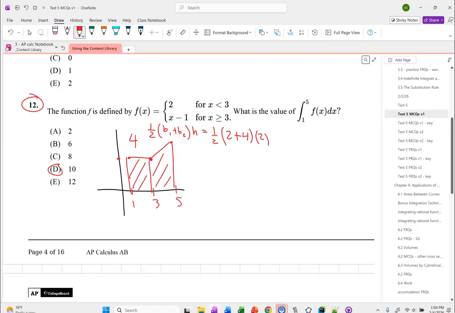Does that feel okay? Alternatively, what else could you have done if you didn't want to do it geometrically? I could do it all algebraically.